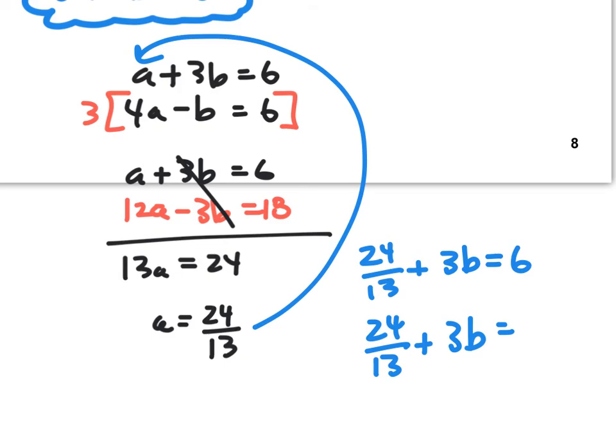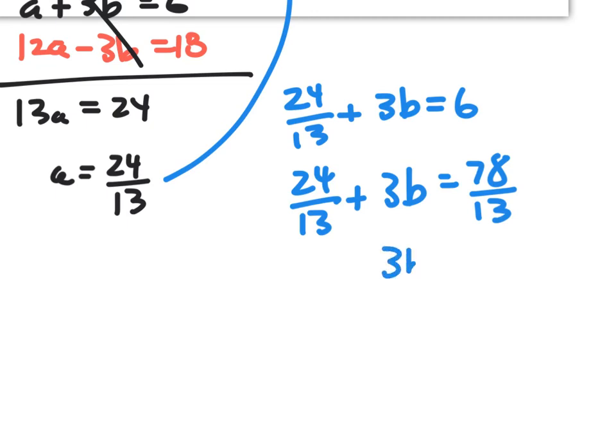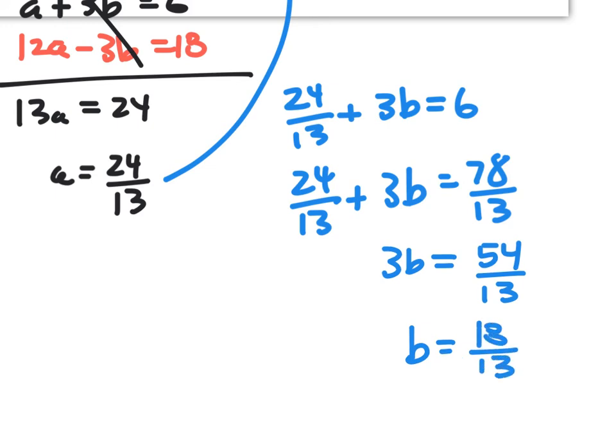So when I subtract, I get 3b equals 54 thirteenths. When I divide by 3, it looks like I get 18 thirteenths. So there you go, folks.